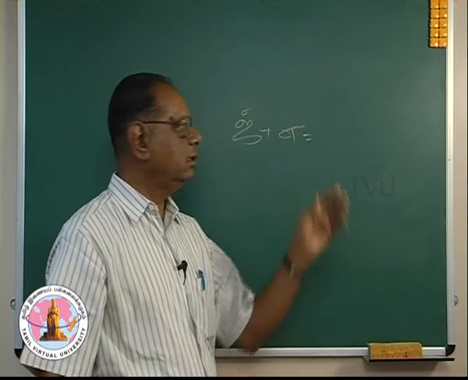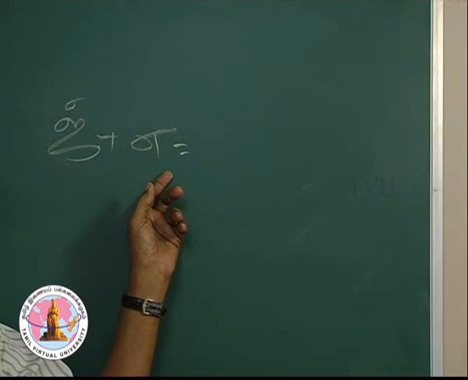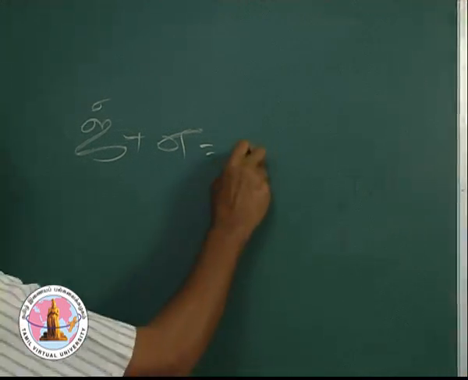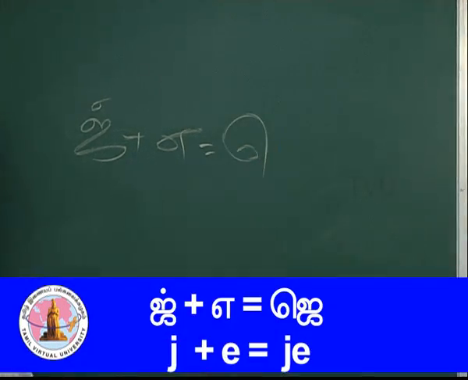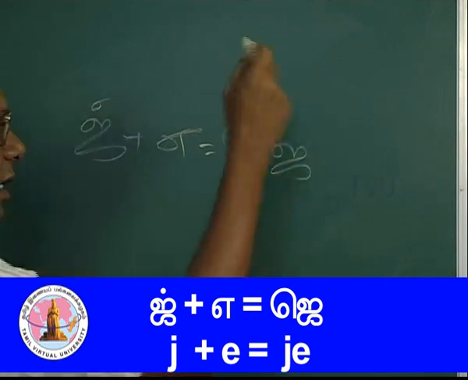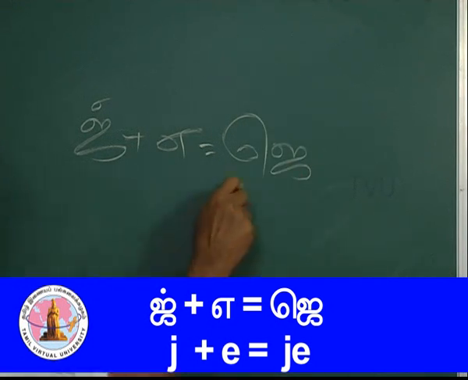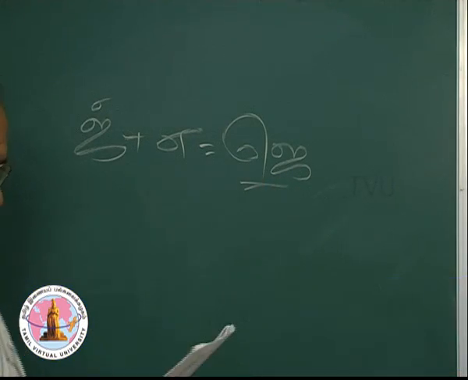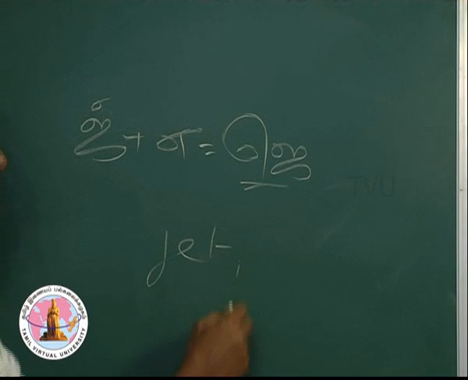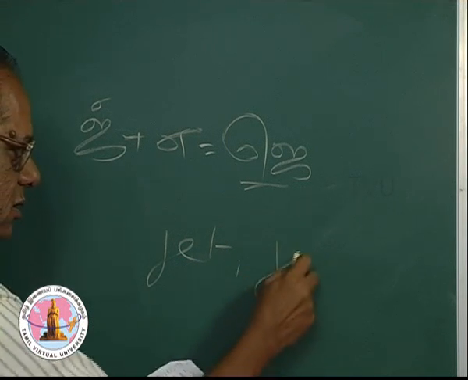It takes the next vowel E. For E, the marker is like this, you know that. So, I put ja here and this becomes J as you have in jet or just.